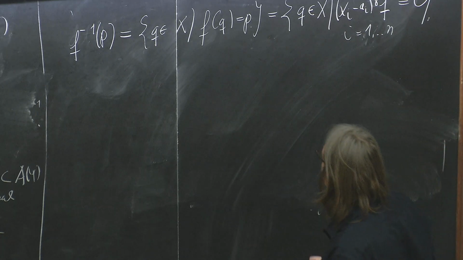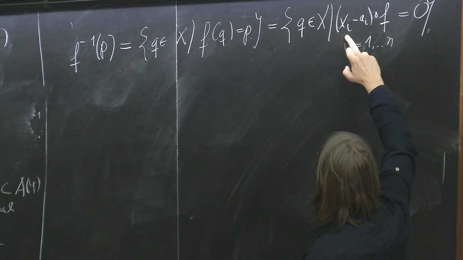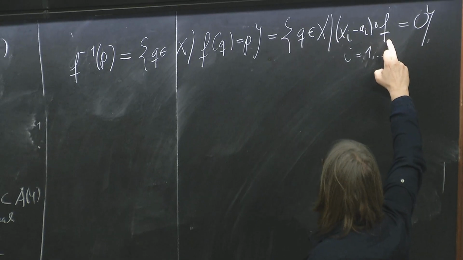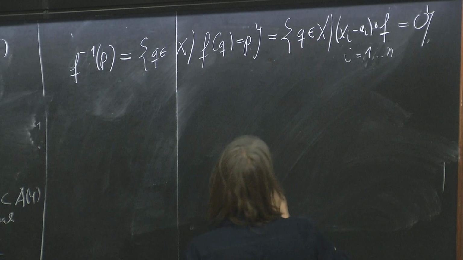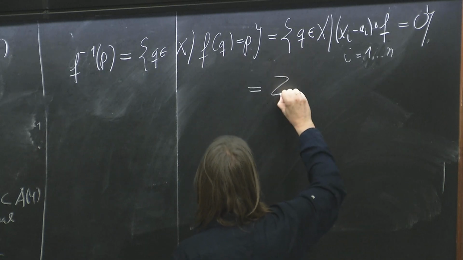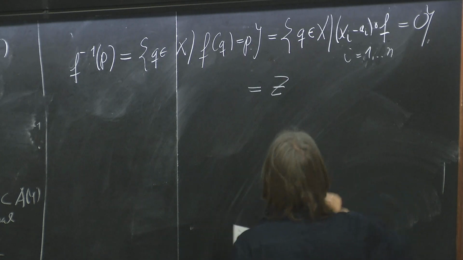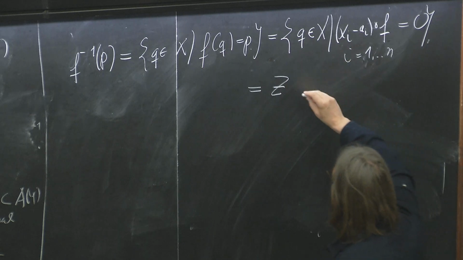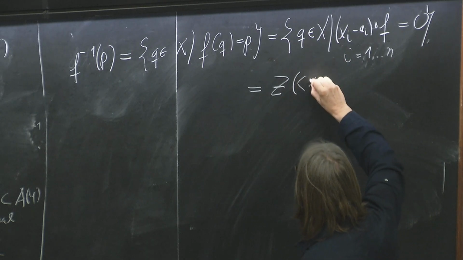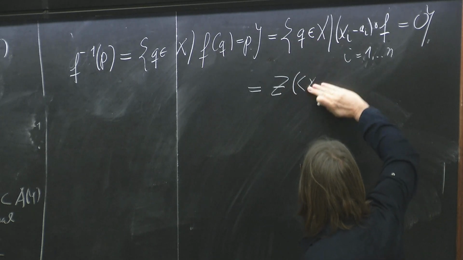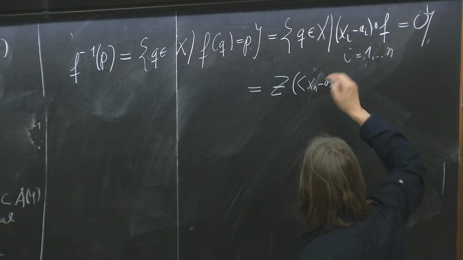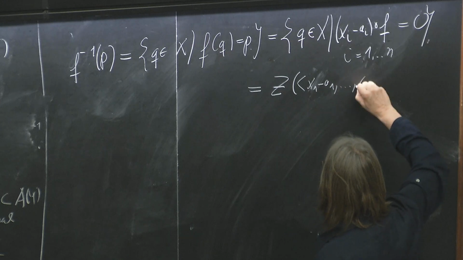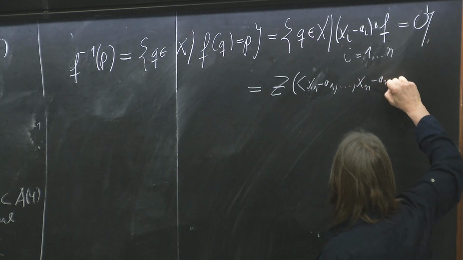Now our identification was that I just identify xi minus ai composed with f with xi minus ai. So this is just the zero set of this thing composed with f, but this I had identified away.